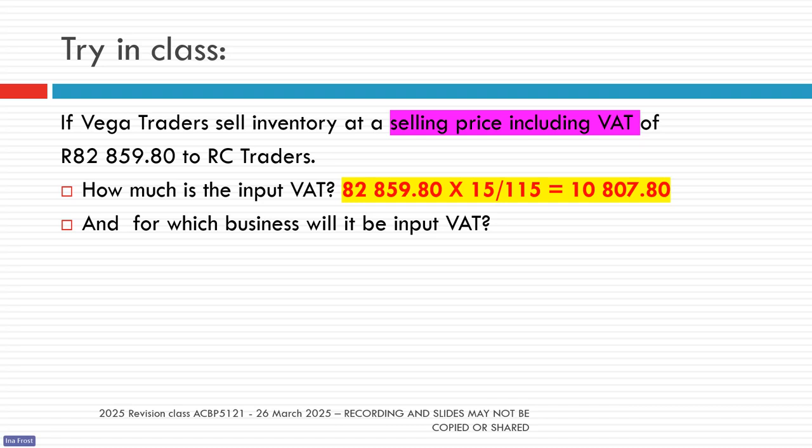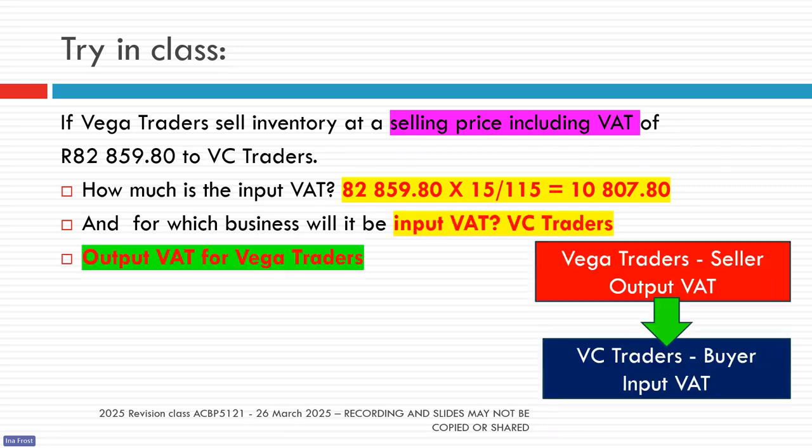Okay, just for the sake of time, you would have used your 15 over 115 formula. I hope we didn't catch anyone out here. I hope nobody used the 15 over 100 formula, because remember, I am already giving you the selling price including VAT. So you have to use your 15 over 115 formula. And then remember, we can also test you on whether you understand if this amount is input or output VAT.